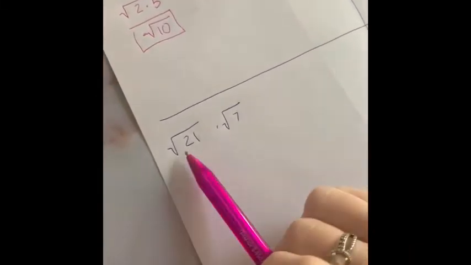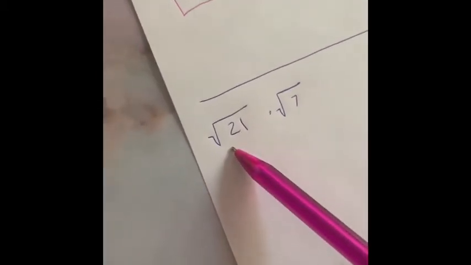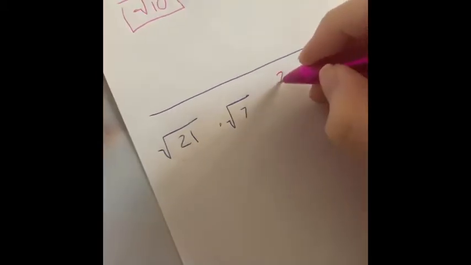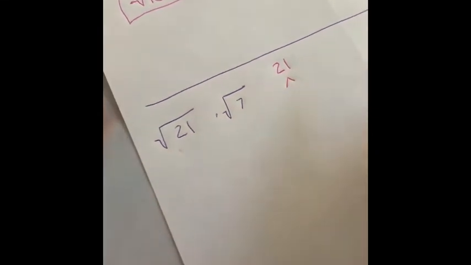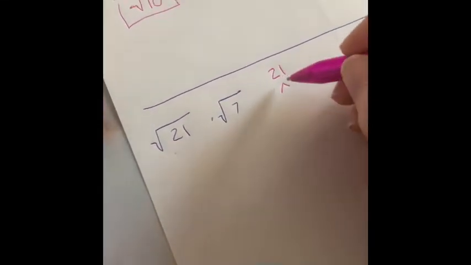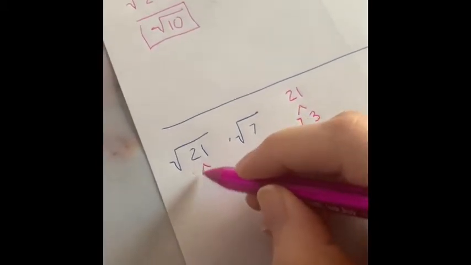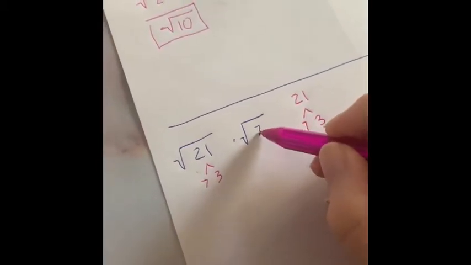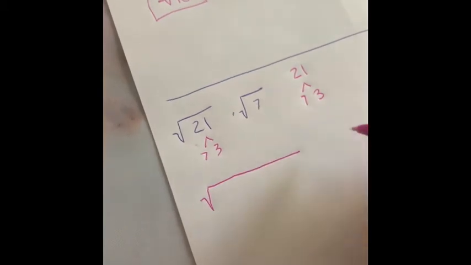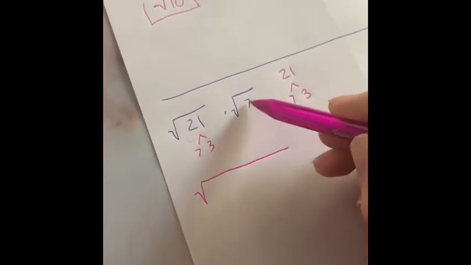Alright, so for this other one here, we got some bigger numbers. When you have numbers that you can do a factor tree for, like 21, you need to do your factor tree first. So 21 is 7 times 3, and then we've got our 7 here. So when you make your second one, you want to list all the factors.